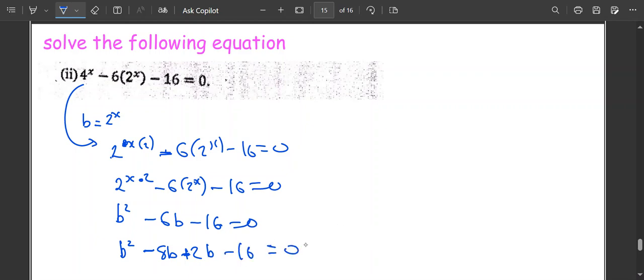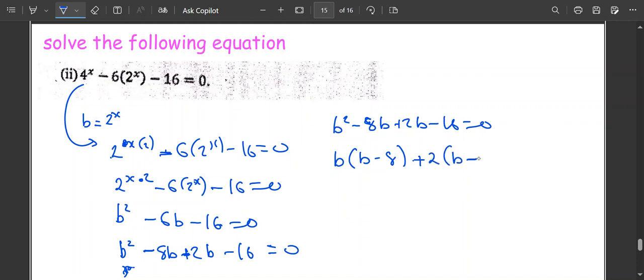So what is common here is b minus 8. What is common in the other part is 2. So 2 open bracket, we have b minus 8, equals 0.